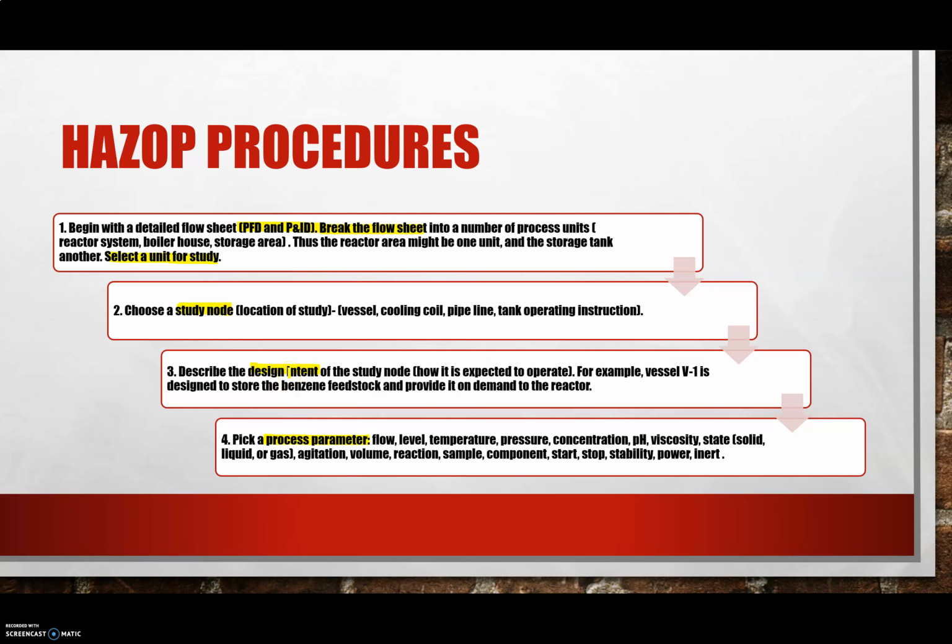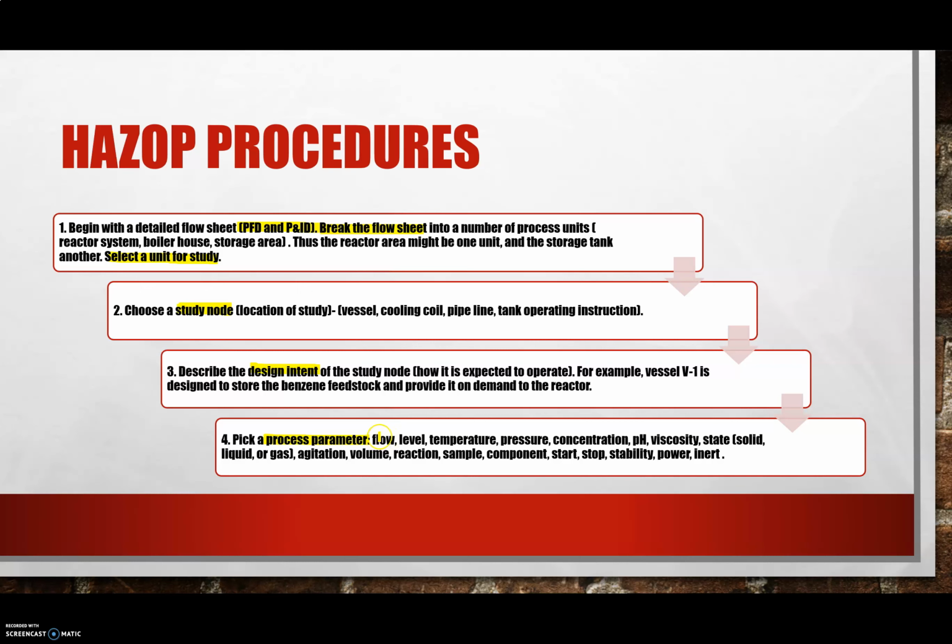Just like the example I gave you previously, you have your reactor, then you have your process. If you have a process inside this reactor, you should also have your process parameters. For the reactor, maybe you have your flow, remember inlet and outlet.